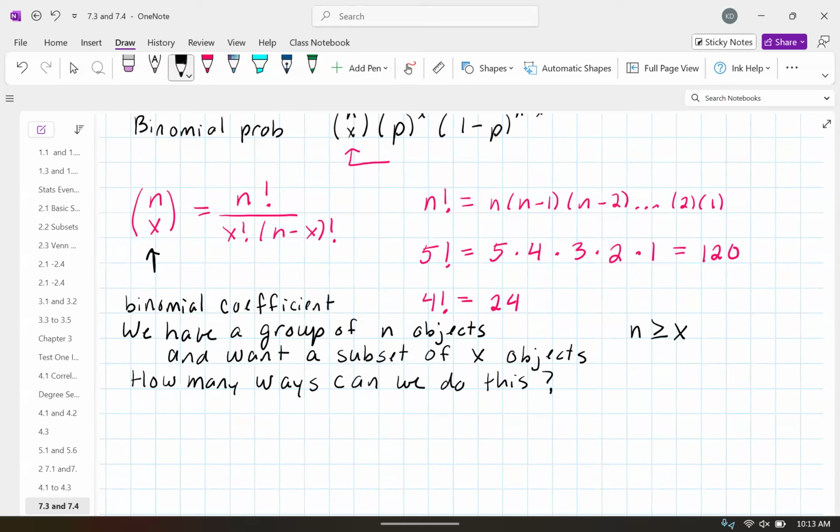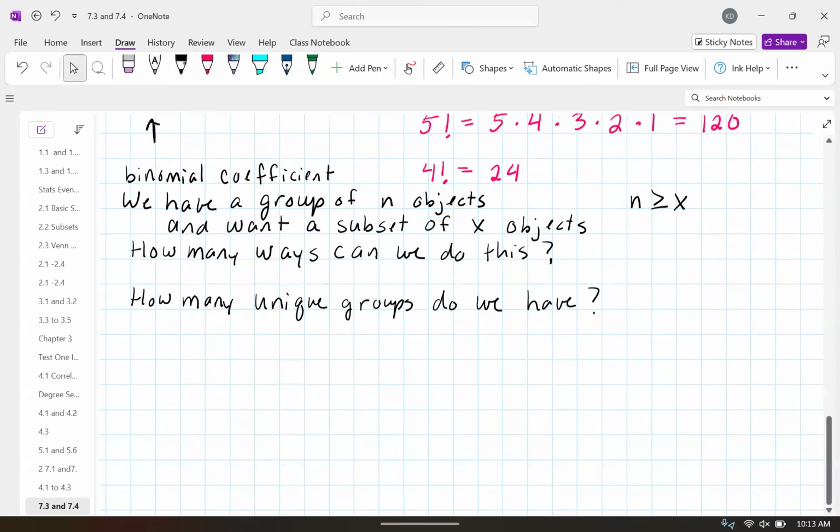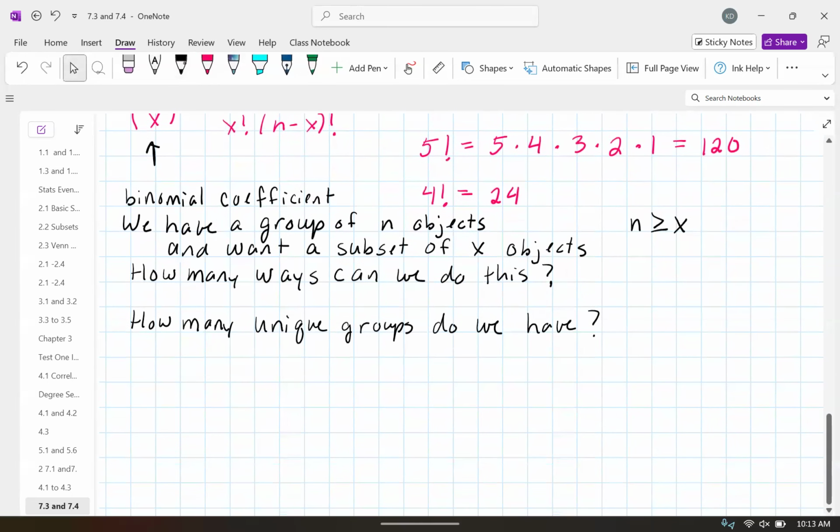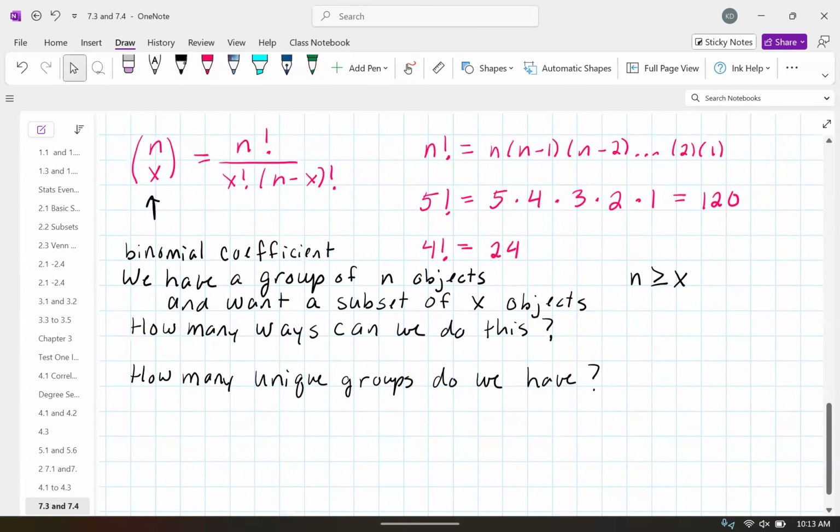And then we say, okay, if I want a group of this many, how many unique groups do I have? I like the unique groups. Just how many different ways can we choose our stuff? How many unique groups do we have? Something like that. So that's a binomial coefficient.